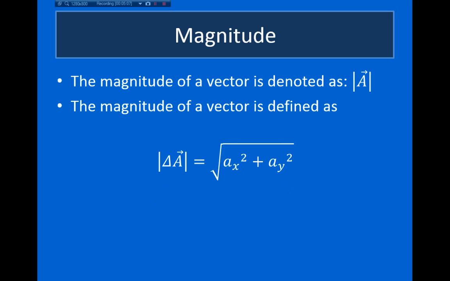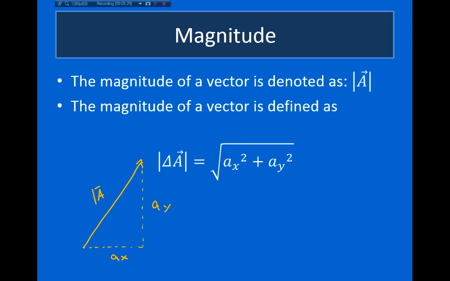From this definition, we can immediately get some insight into the graphical representation of vectors. If I have a vector A, which has an x component A sub x, and a y component A sub y, I can represent the vector with this arrow here.